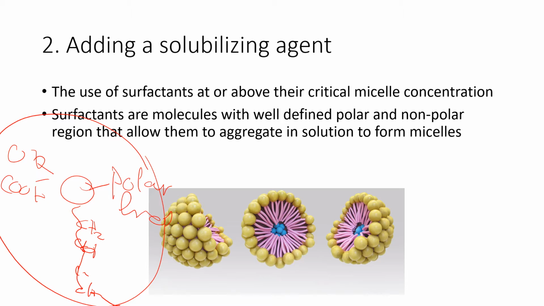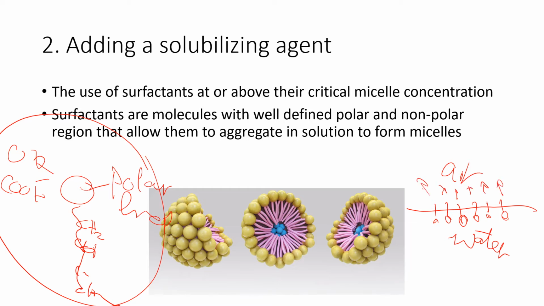After adding it to water, it will remain on the surface. The polar head will be facing the water, and the air is above. So like dissolves like, the polar head will face water and the non-polar tail will be outside water, facing the air, because relatively air is more hydrophobic than water.